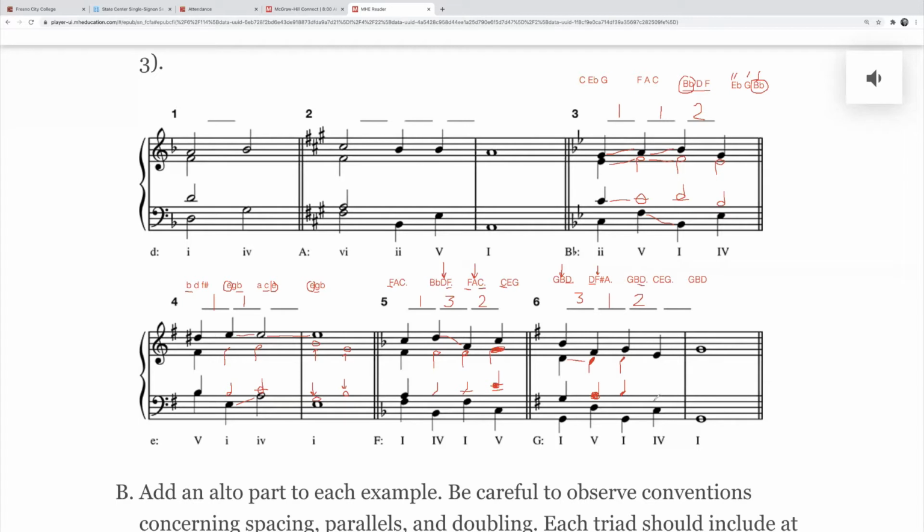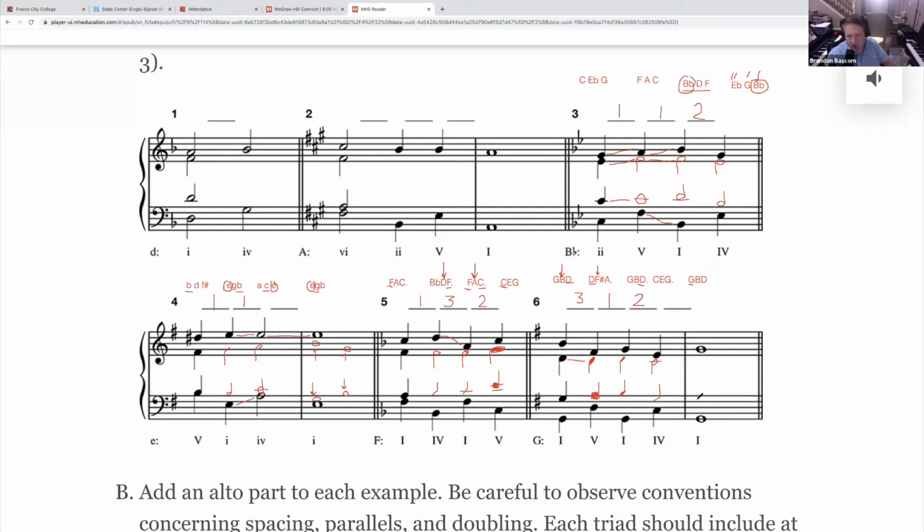So we can move via skip down to our G in the tenor, and down a step to our C in alto. All right, and then our common tone is a G again. And we end up on 2 Gs already, so if we kept our G, we'd be tripling our root.